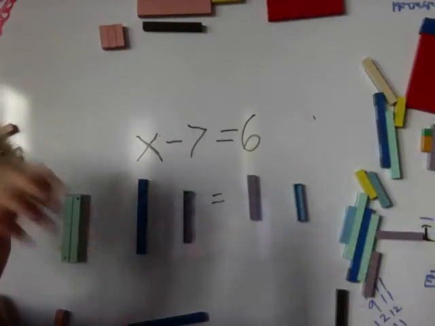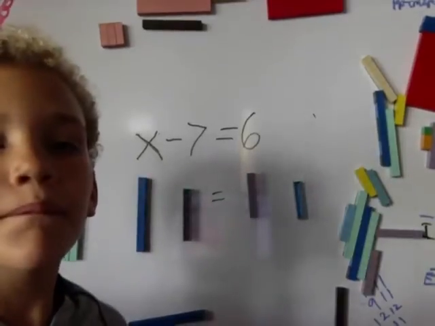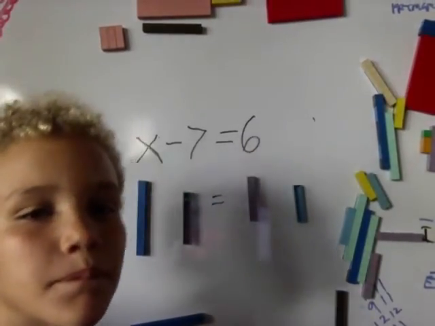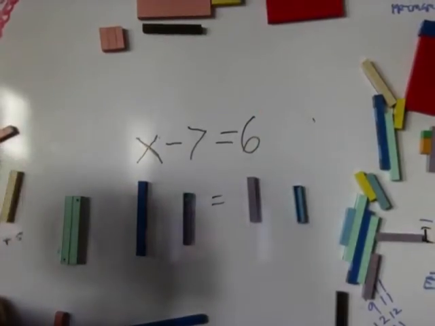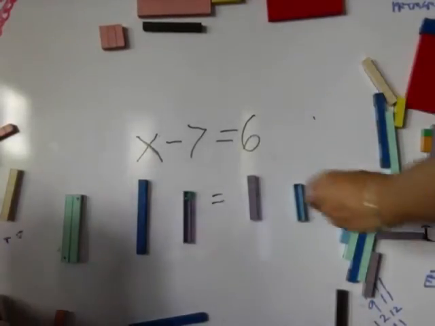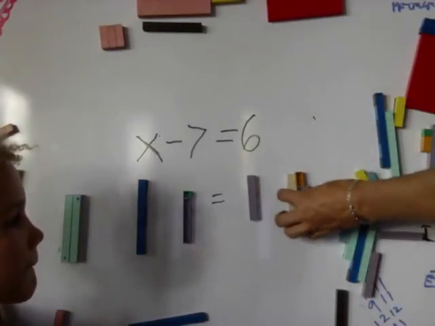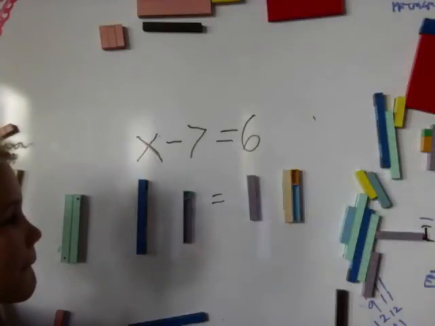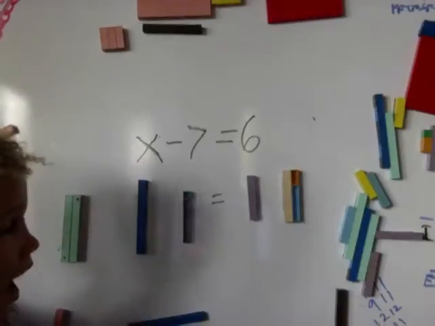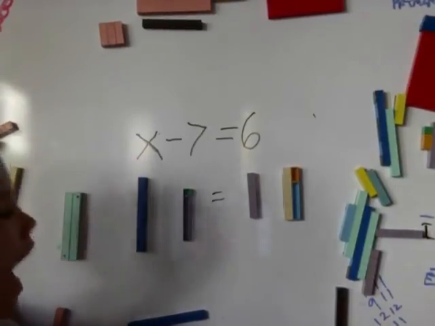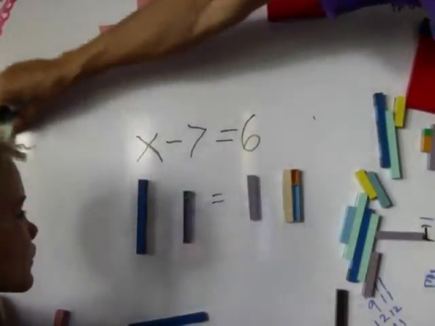So we have this x, and then we take away 7. So there must be a hero 0 over here. Look, I made my hero 0 like this, take away 7, just for fun. And it equals... Get all this out of the way.